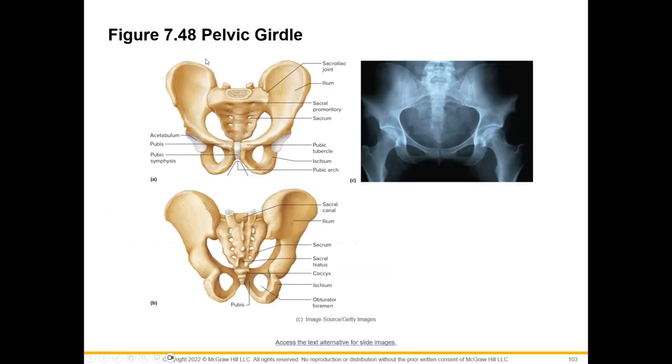Okay, and as you can see, we have these two sides of the pelvic girdle, which we can divide into the ilium, the ischium, and the pubic bone here at the front. So pubis, ischium, ilium.